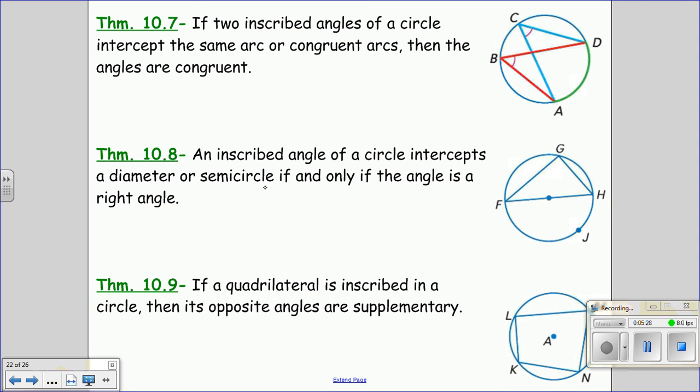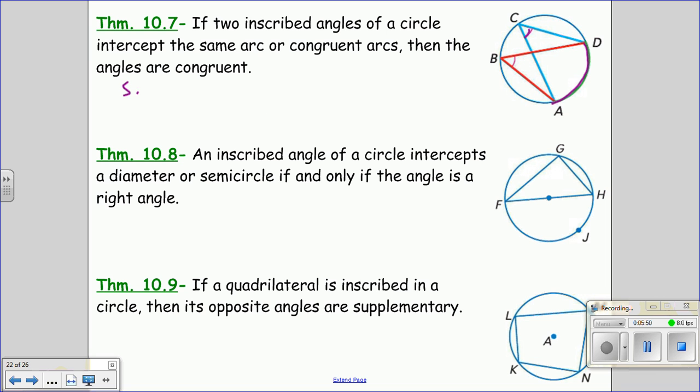Theorem 10.7 says if two inscribed angles of a circle intercept the same arc or congruent arcs, then the angles are congruent. So on my picture at the right, I'm showing that angle C is intercepting arc DA, and angle B is also intercepting arc DA.